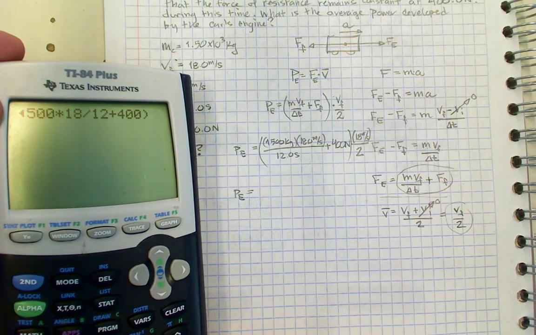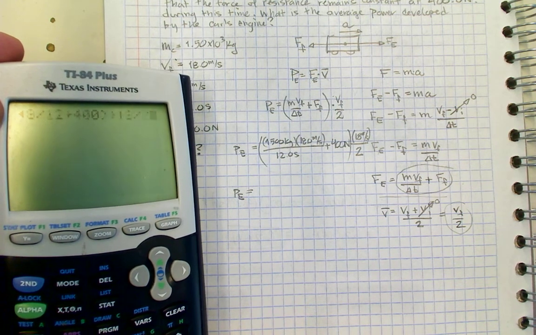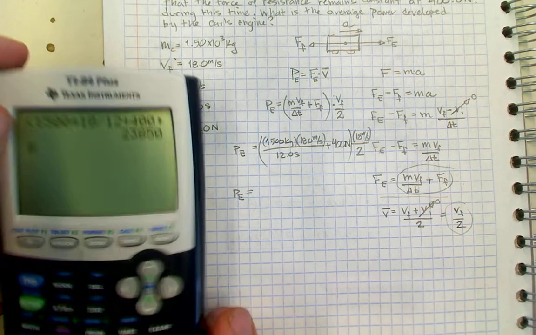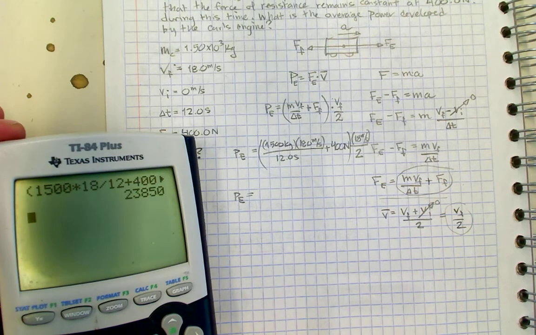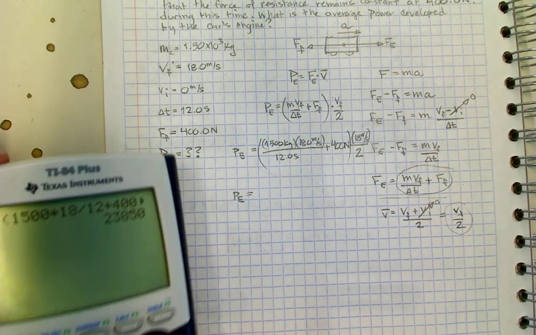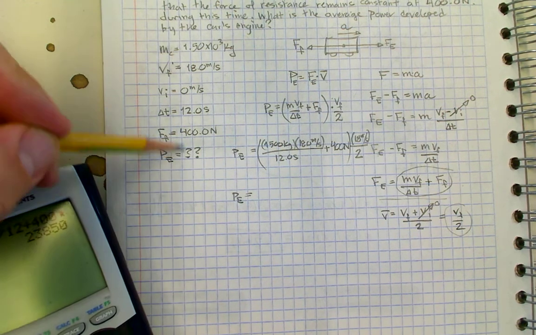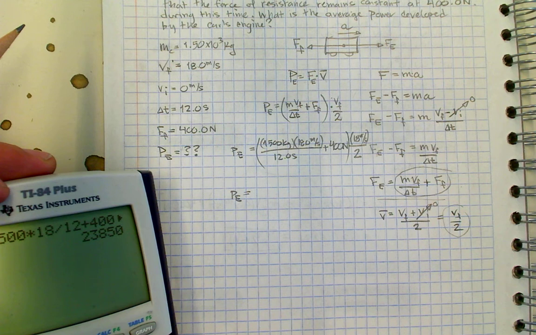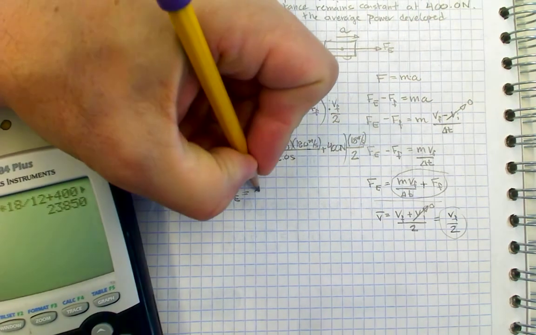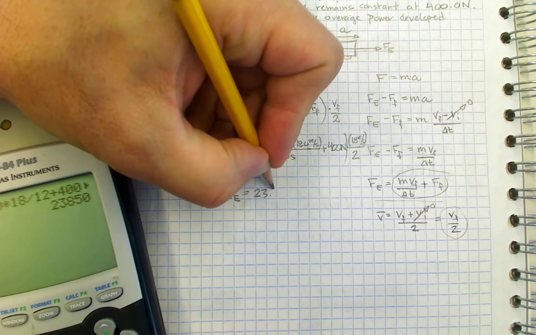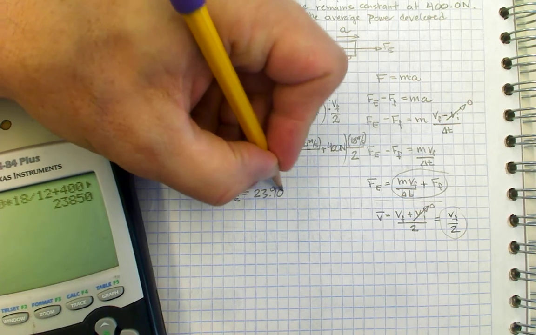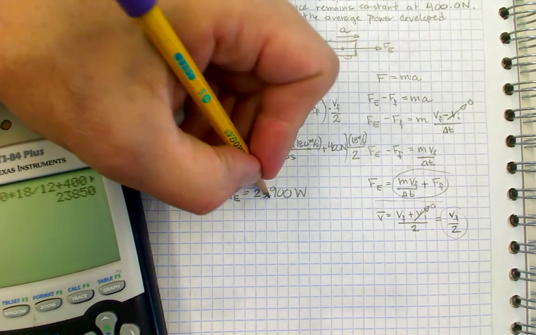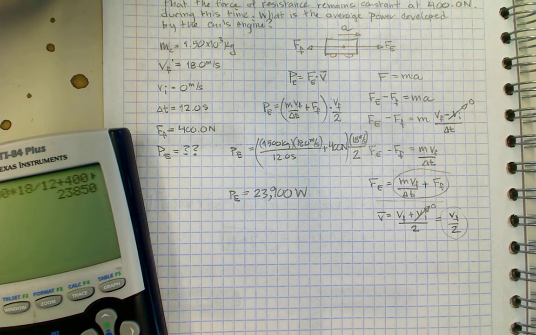Close those parentheses and multiply by 18 divided by 2. And I get 23,850. And according to all these inputs, I've got 3 significant digits. So I'm going to go 23,900, and that's watts.